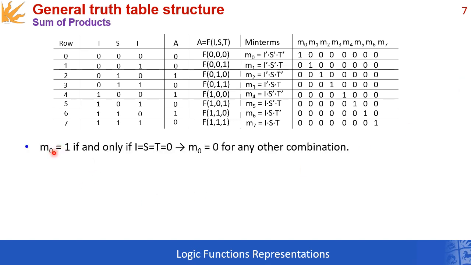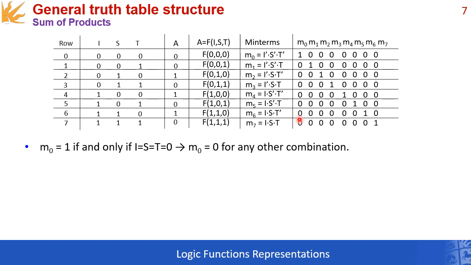Let's take minterm 0 as an example. Minterm 0 is 1 if and only if all the inputs are equal to 0. And that makes sense because we have constructed this minterm out of the complements of all the input values, exactly because the input values are 0. This minterm is obviously going to be 1 only for the first row, but for any other possible combination, it's equal to 0.